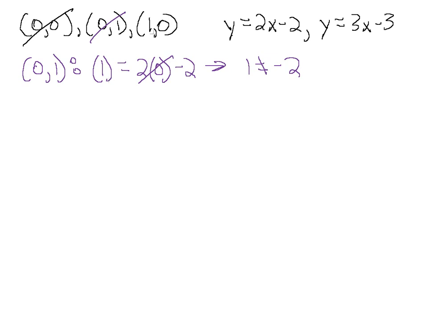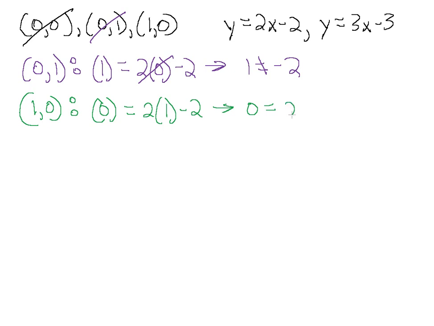So let's take a look at the third point. So we have (1, 0). Let's plug it into the first equation, 0 in for y, so 0 equals 2 times x, which is 1, minus 2. We have 0 equals 2 minus 2, and that'll give us a true statement. 0 does equal 0. We're not done yet because this is a system of equations, so we need to check it for the second one as well.